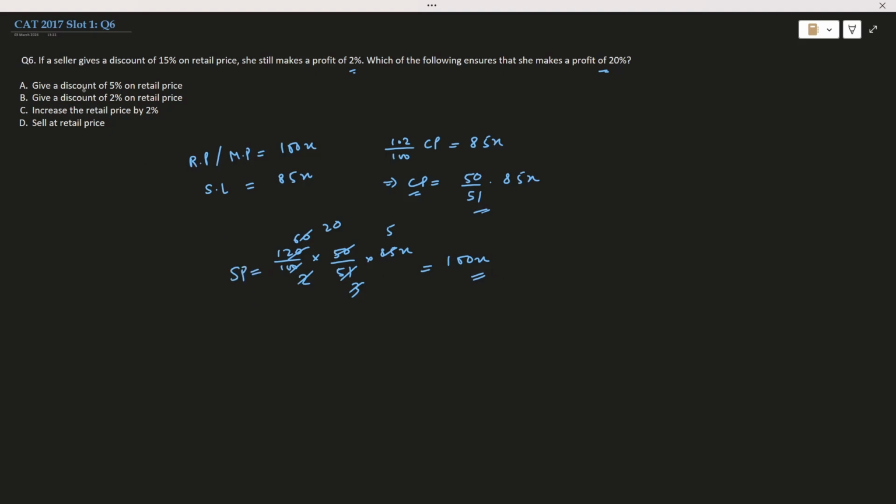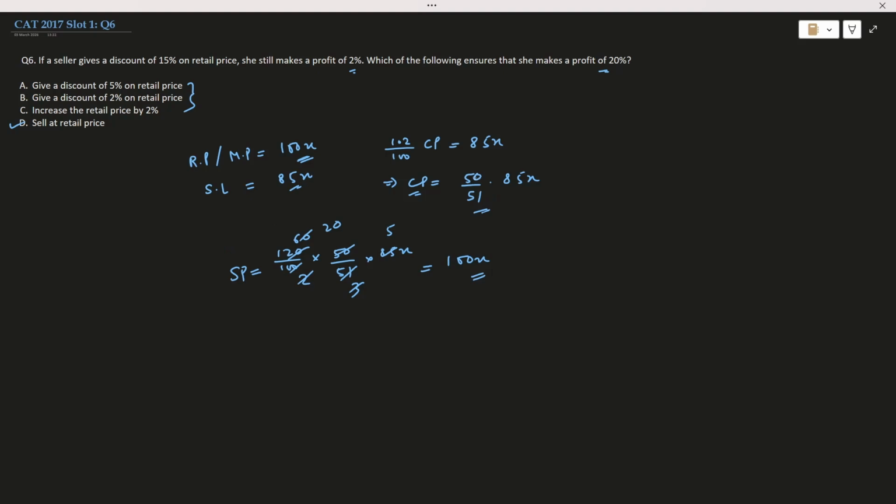That means give a discount of 5%. If I sell at 100x, that is the retail price. Clearly we do not need to check options A, B, C. Directly mark option D. Why? I have considered the mark price, or the retail price, as 100x. So the initial selling price was 85x.